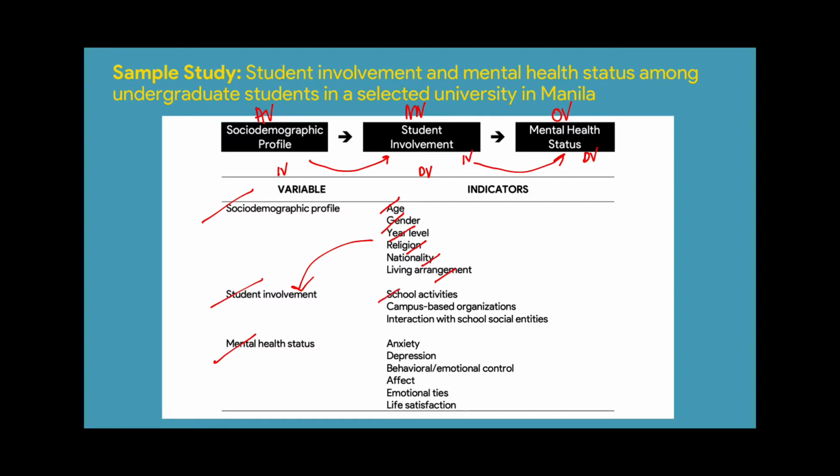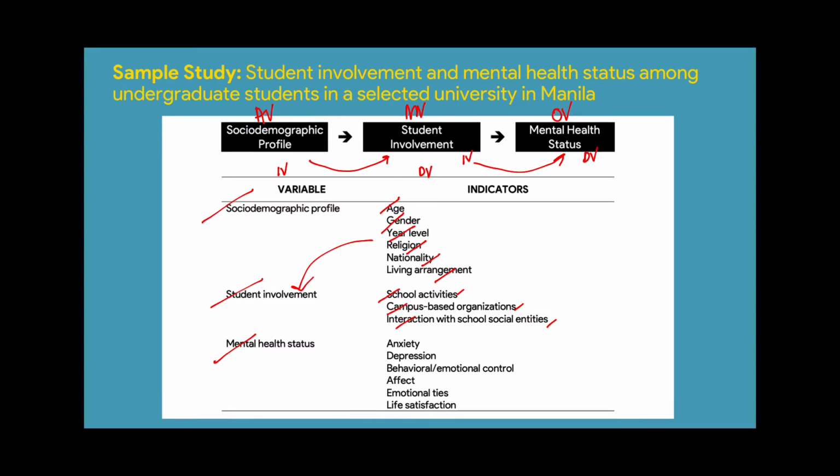We have school activities, campus-based organizations, and interactions with school social entities. These were the indicators based on our operational definition: their engagement in school activities, their engagement and membership in campus-based organizations, and the extent to which they interact with school social entities.